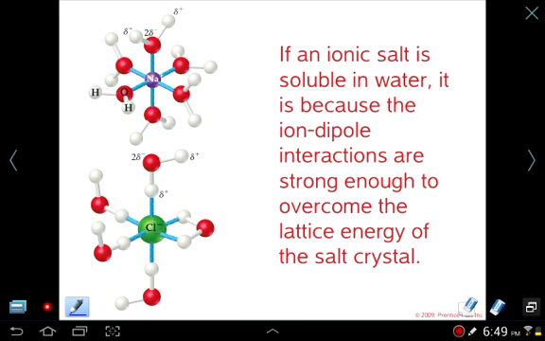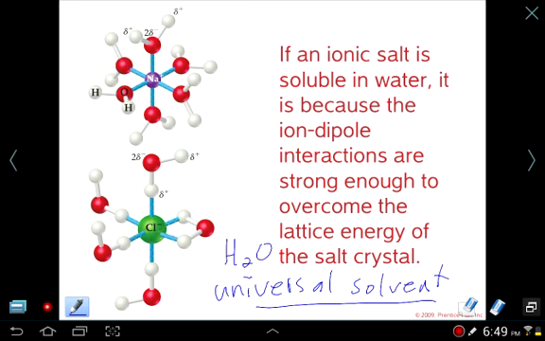Now, the reason why water is such a good solvent, water is very often called the universal solvent. The reason we call it that is because it's able to dissolve a large number of substances, especially ionic salts, metal-nonmetal salts.